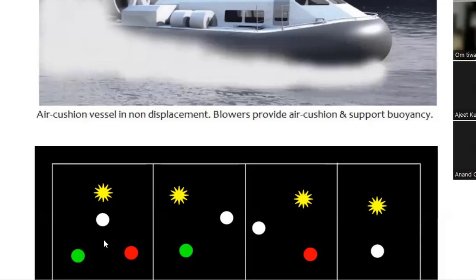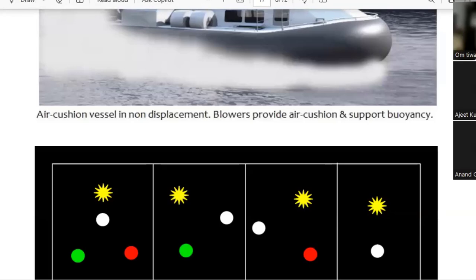Okay. And suppose there is one more white light. So what will you say? More than 50 meters, sir. Probably more than 50 meters. Say a complete statement. So powered air cushion vessel, probably more than 50 meters in length, operating in non-displacement mode, seen end on. Correct.